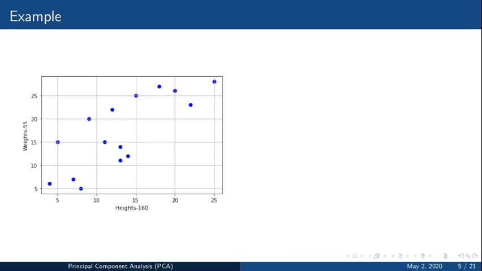Let's take this example. We have height on the x-axis and weight on the y-axis. Height minus 160 and weight minus 55 is being plotted.